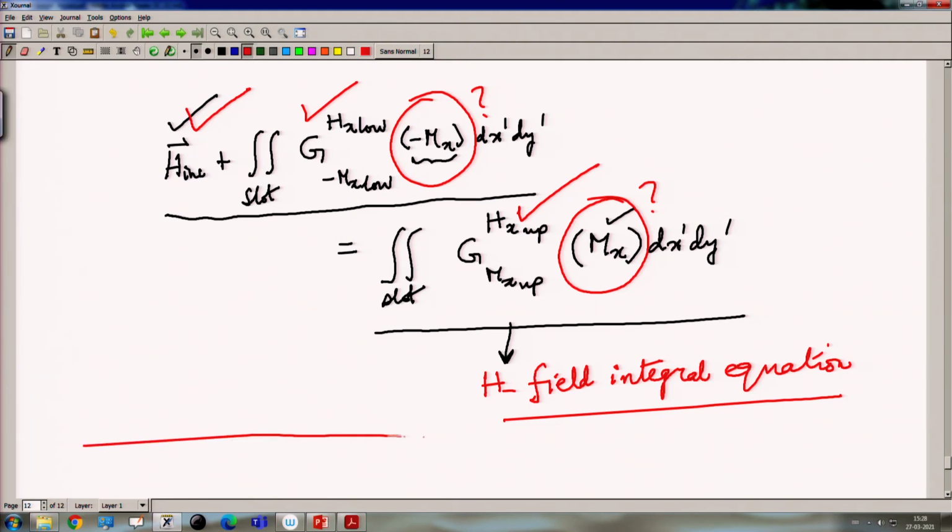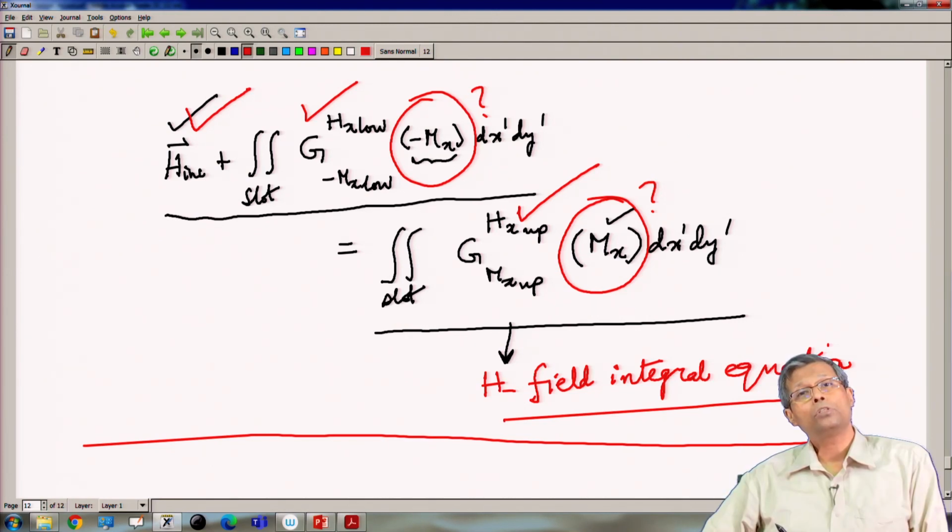Okay. So, now you see how the magnetic current is relevant for any slot coupled problem in electromagnetics. Without the introduction of the magnetic current, we will not be able to construct the equivalent problem corresponding to the slot coupled problem.